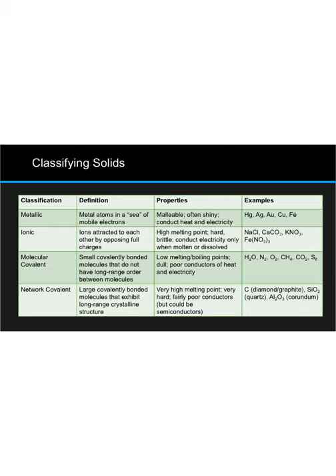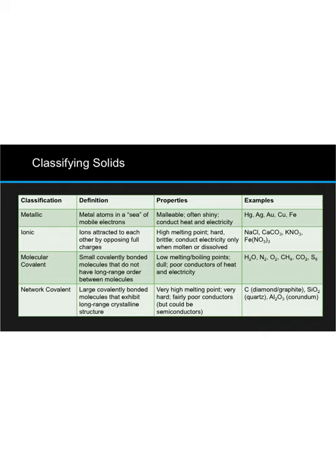Molecular covalent solids are small molecules like H2O that form solids at very low temperatures. These things have low melting and boiling points. They're poor conductors of heat and electricity because they don't consist of ions.